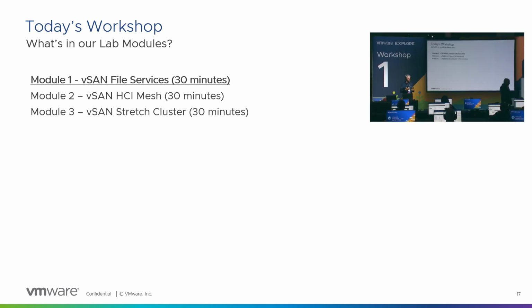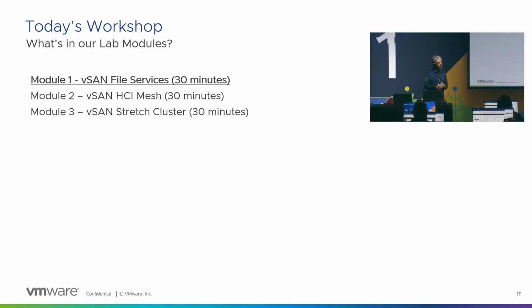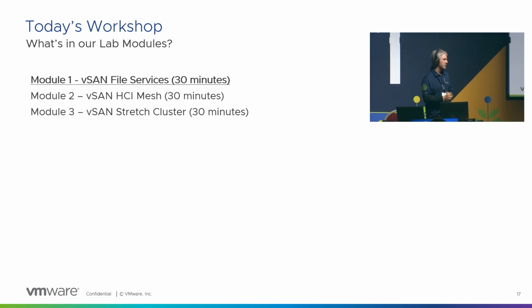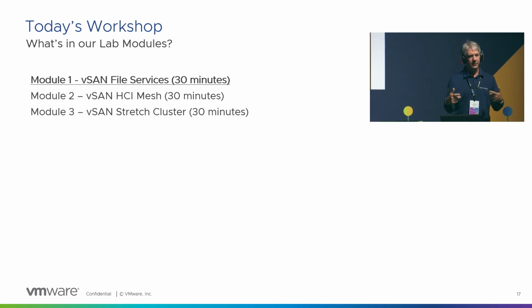So I thought one of the attendees asked a great question, like what is a use case for vSAN file services? So I thought I would just take a minute to explain why you're doing this lab in a little more detail. Use case for vSAN file services. If you have an enterprise level filer from a robust storage company in your data center, you may find that vSAN file services doesn't stack up feature for feature with what that specialist product can do.